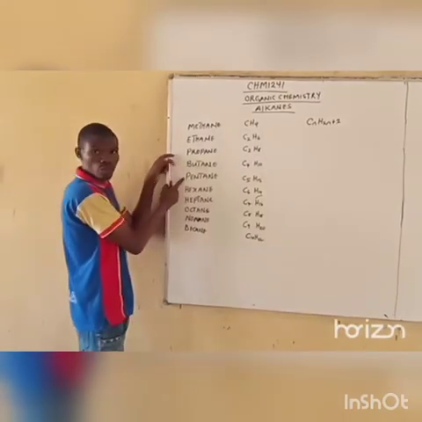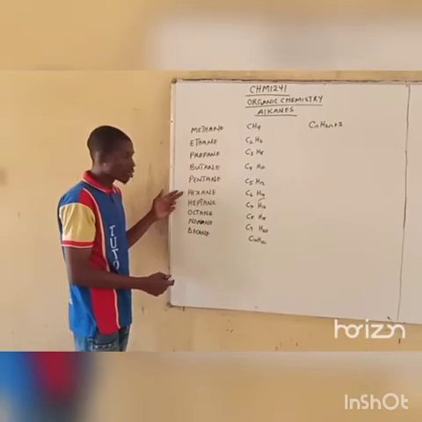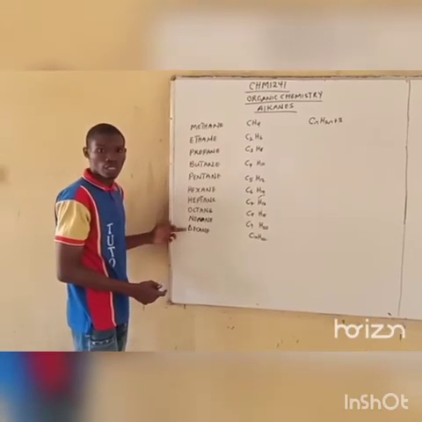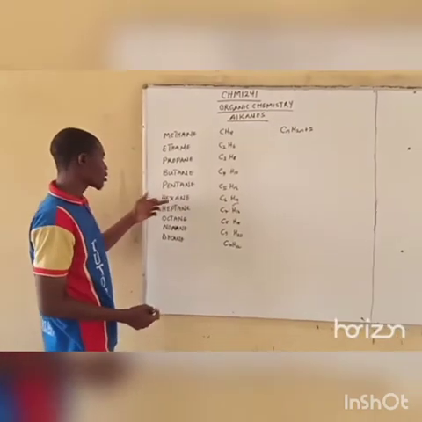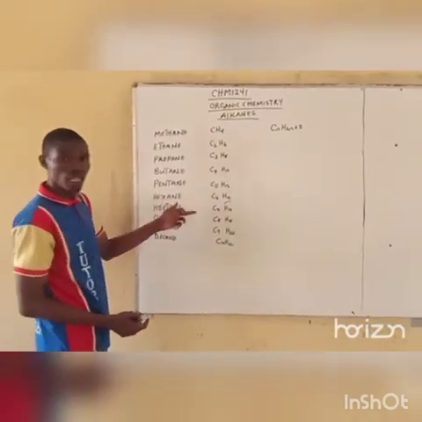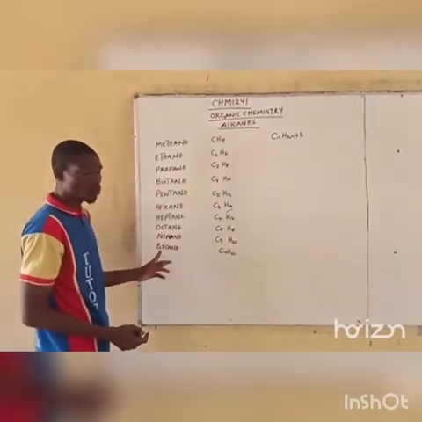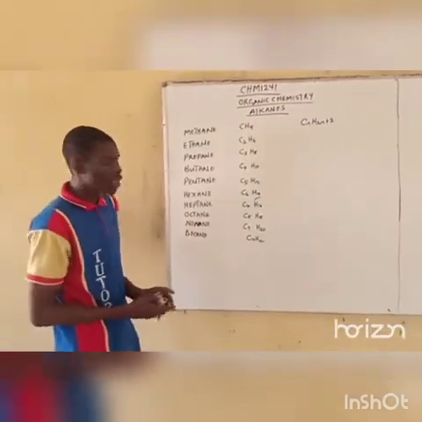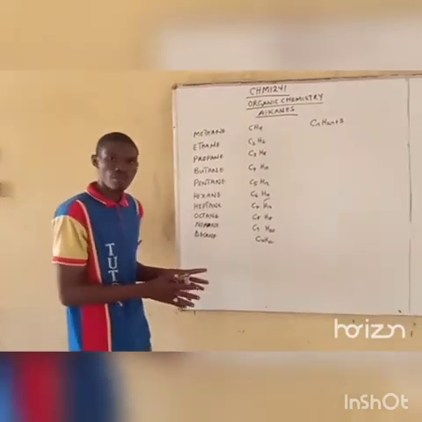Then from pentane, you use your normal plane shapes: pentagon, hexagon, heptagon, octagon, nonagon, and decagon. So pentagon, pentane; hexagon, hexane; heptagon, heptane; octagon, octane; nonagon, nonane; and decagon, decane. So these are the first 10 members of the homologous series of alkanes.